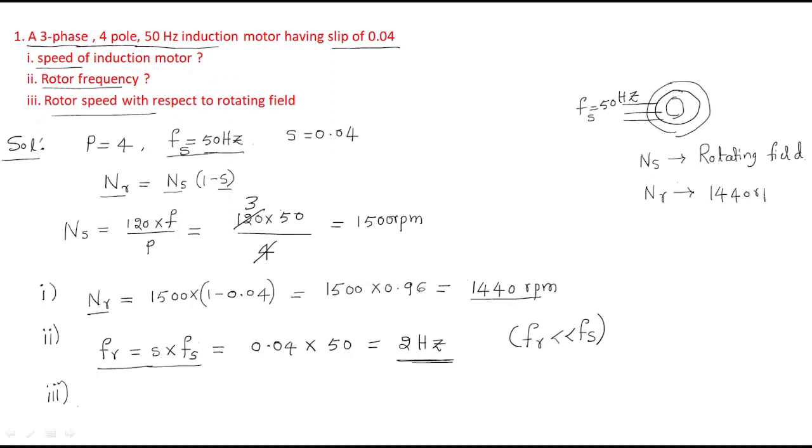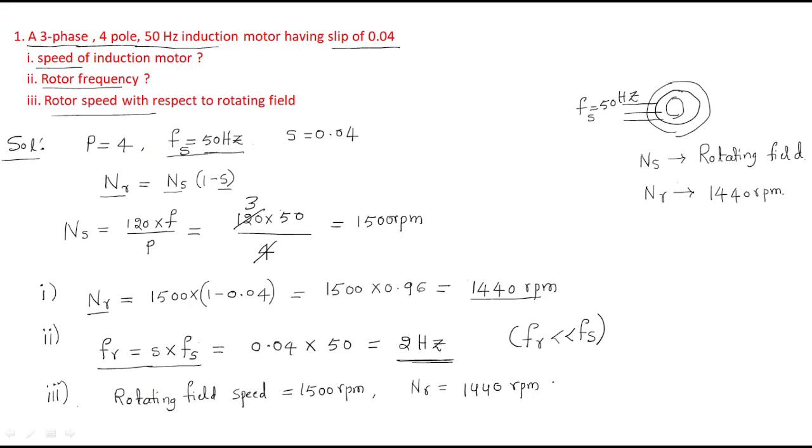1440 rpm. The question is rotor speed with respect to rotating field. So with respect to rotating field means the rotating field speed is the synchronous speed, that value is 1500 rpm, and the rotor speed is 1440 rpm.